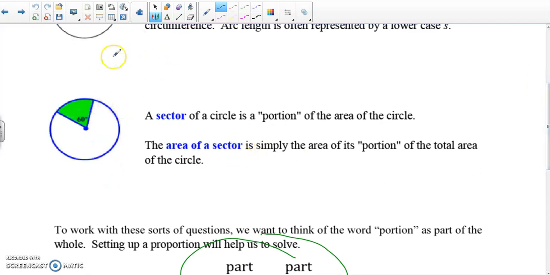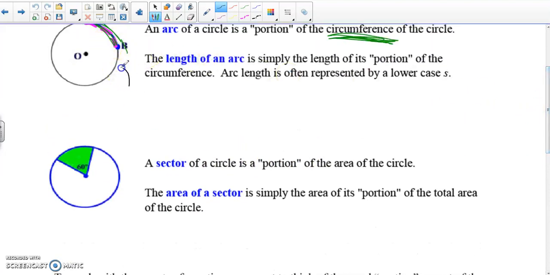The only difference is, instead of being a part of the circumference like we looked at here, a sector is a chunk or a portion of the area. So you can see the difference between these two diagrams. Sector area is area inside the circle. Arc length is part of the circumference.